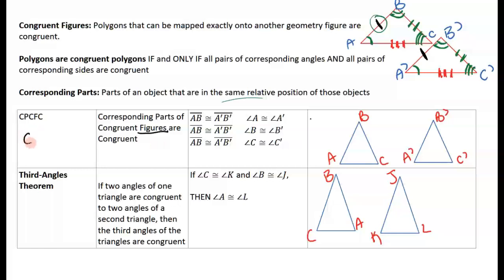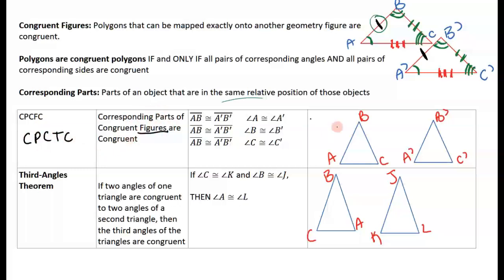But just when we're working with triangles, sometimes it's a little bit easier to say CPCTC, and you will see that as well. That's just the very specific one for corresponding parts of congruent triangles. So you can always use CPCFC when we're dealing with triangles. You could also use CPCTC. But it's just a theorem that says corresponding parts of congruent figures are congruent.